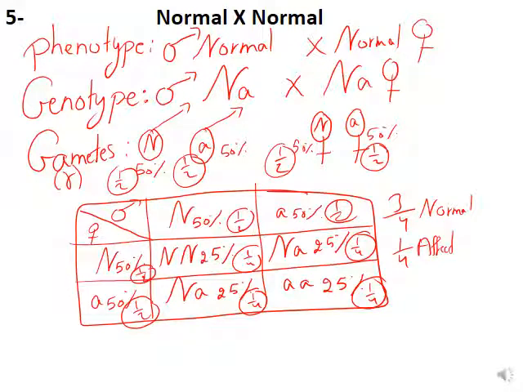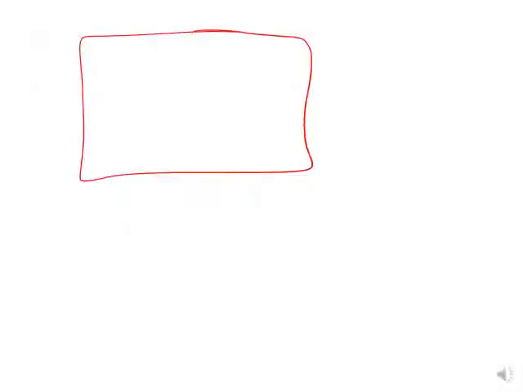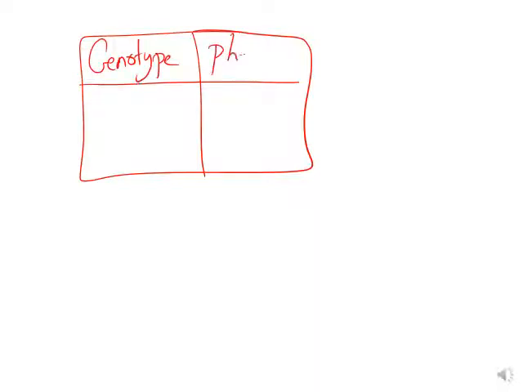So let's continue with the table of results. In the table of results, what do we have to do? We have to put genotype and phenotype. For the genotype, we have NN 25%, NA 50%, and AA 25%.